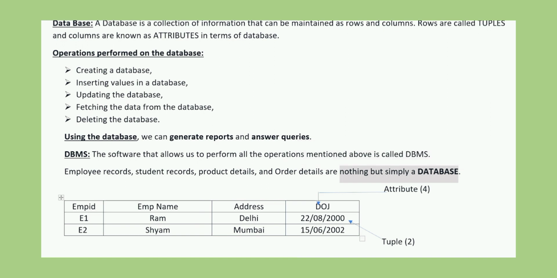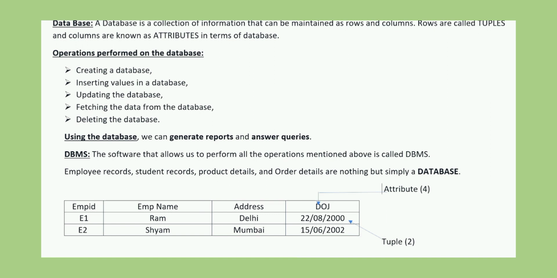Now we will come to know about this table. Here I have mentioned a table that is maintained in the form of rows and columns. This is all about employee records. In this record, I have maintained 4 attributes.